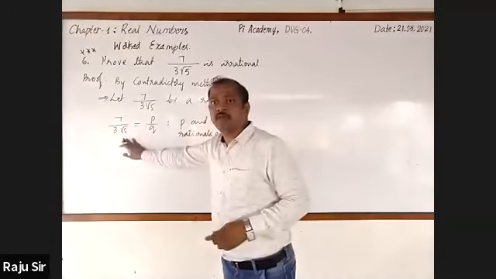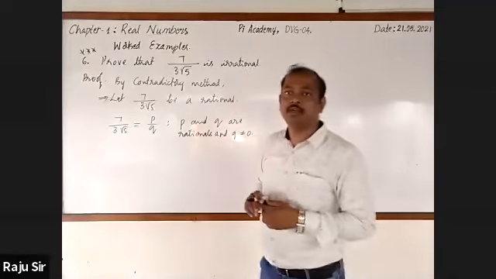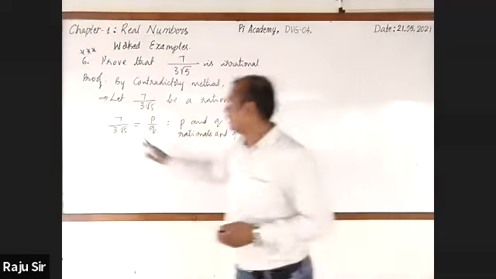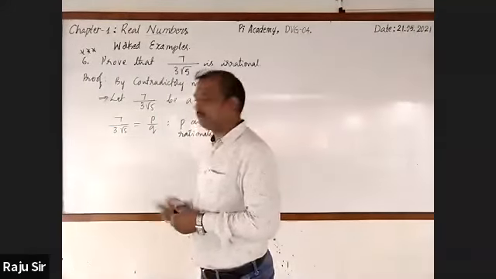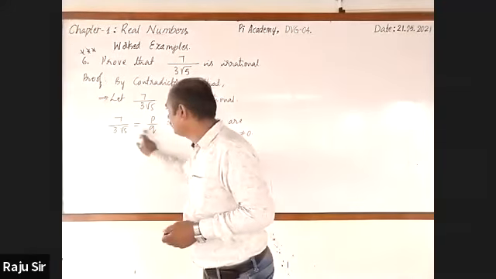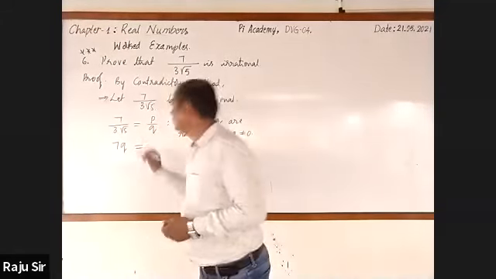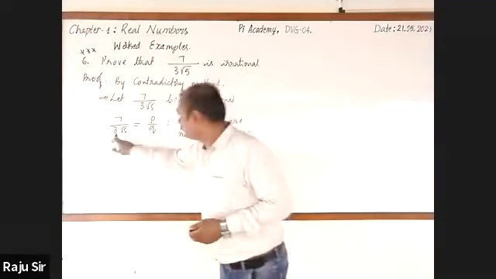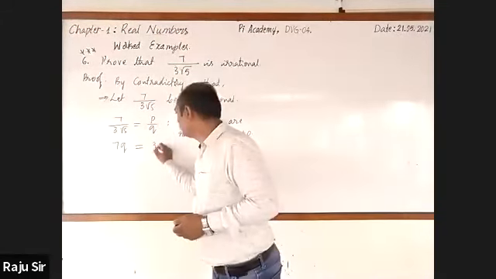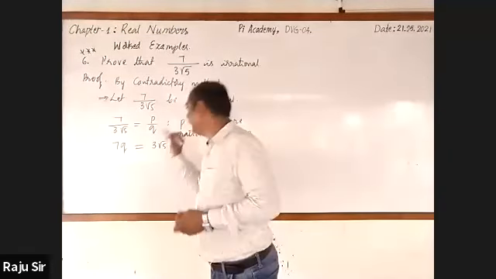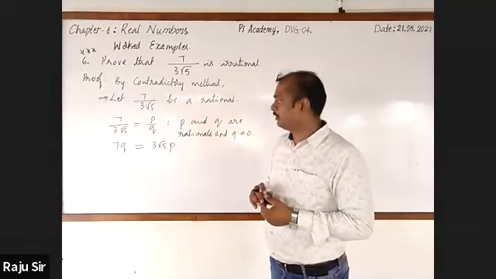Then go for solving only root 5, because we know that root 5 is also an irrational number. Now, I'll go for cross multiplying. Multiply Q with 7, it becomes 7Q. This is equal to 3 into root 5 with P. It will be 3 into root 5 P. Hope you have written.